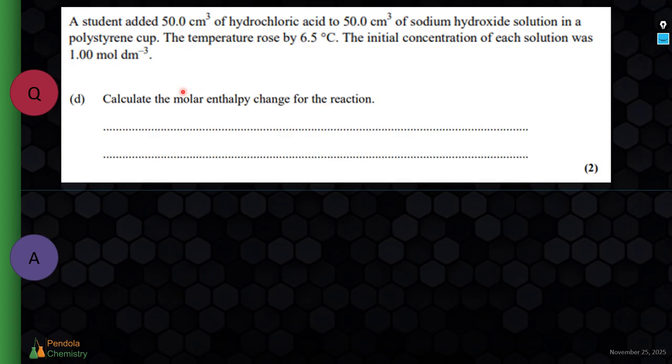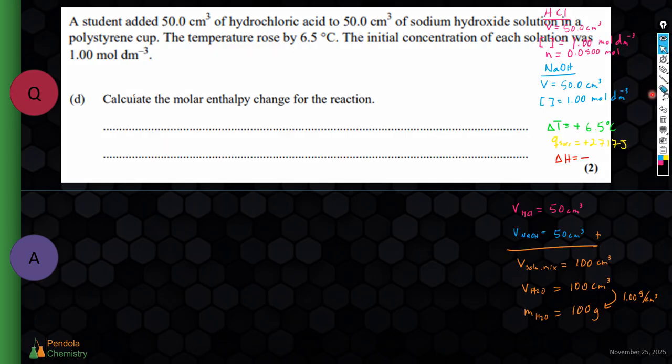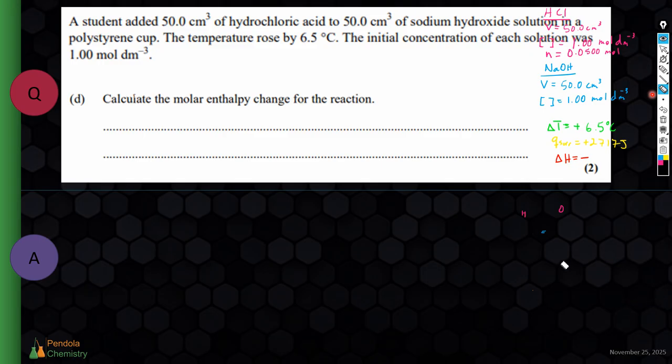The word molar just means it's per mole. Because this is the enthalpy change, what we're essentially being asked to do is find delta H. So we're going to use all of those numbers that we just gathered.